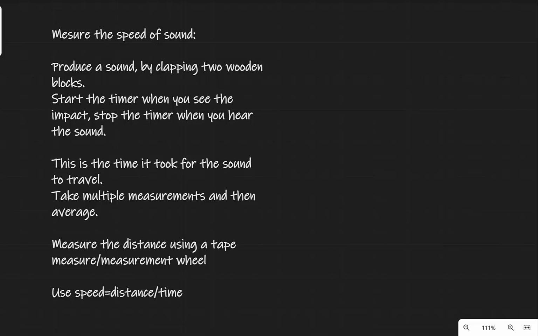You can also do a fun little experiment to measure the speed of sound. The main idea and equation that we're going to be using is that speed is equal to distance over time. We're going to be producing a sound quite far away.